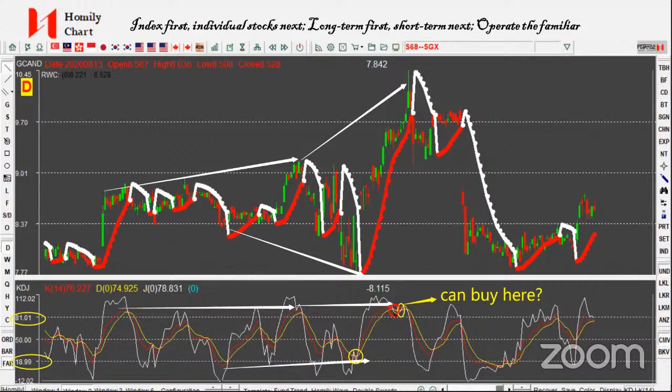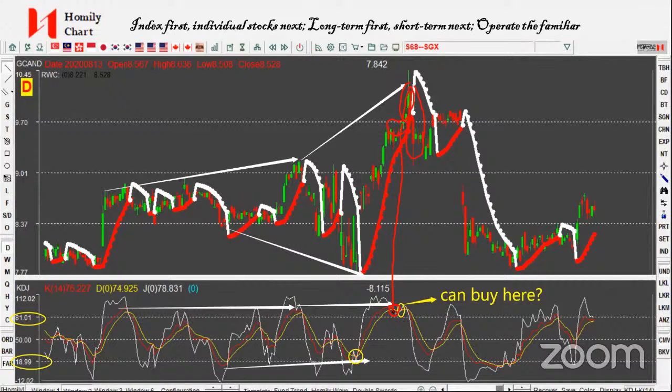Because the dead cross happens in the overbought area, and also it's after the bearish divergence. You sell, quite a good decision because your sell point is around here. Although after you sell, you miss the further 2-day forceful rally, you also miss the very sudden big correction, right? So it's still worthwhile selling here earlier than the real high points.